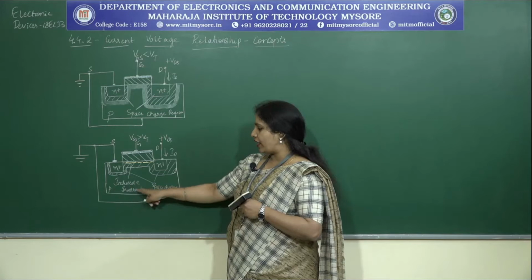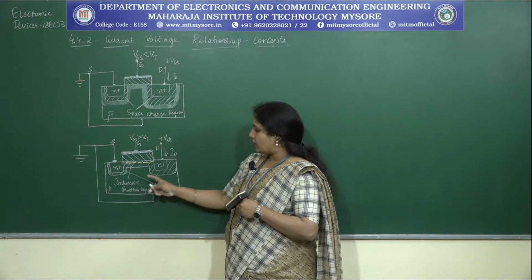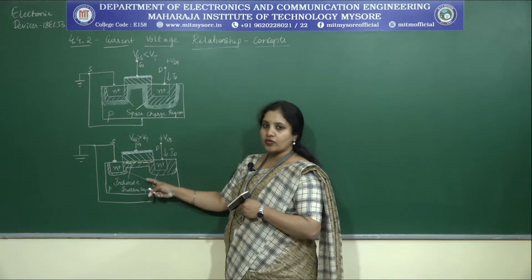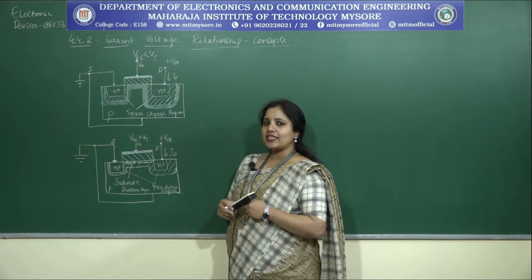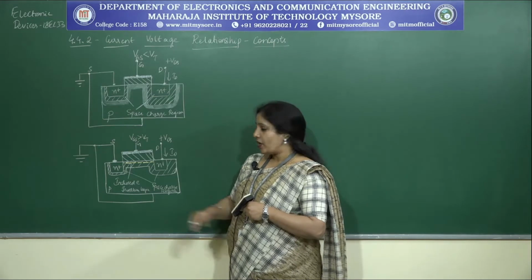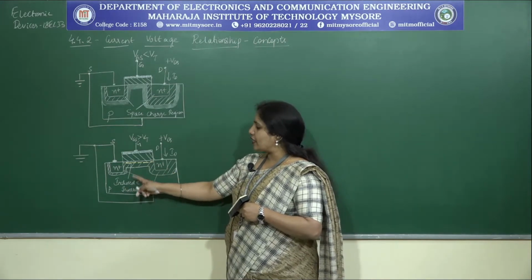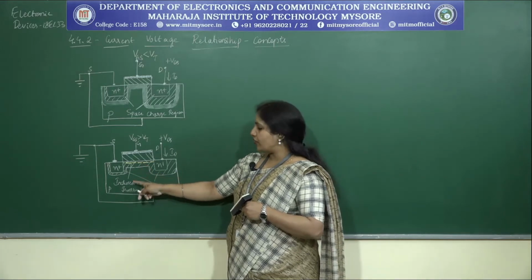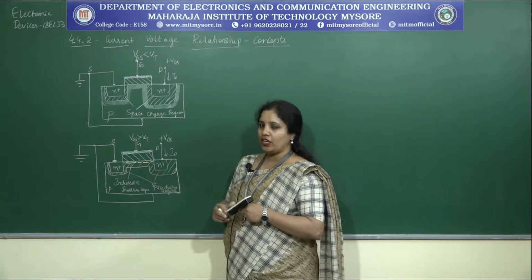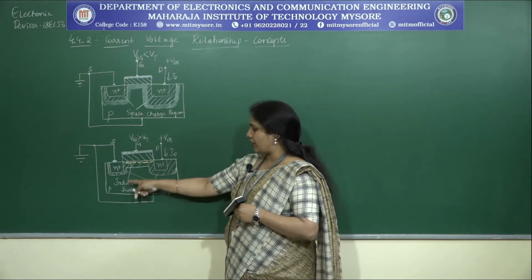An induced electron inversion layer. We are trying to create a layer of electrons within the P region. What is that layer referred to as? It is referred to as an inversion layer, an electron inversion layer. So that layer is induced within the P region, and that's what this is being represented as.